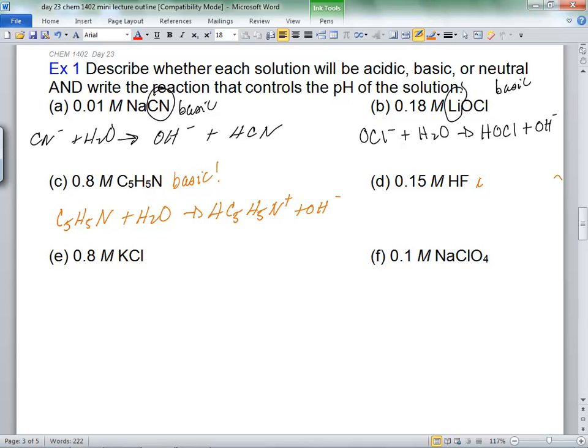Good. I see people writing acidic for D. Because it's right in the table of weak acids. So you have to write a Ka reaction. Okay.